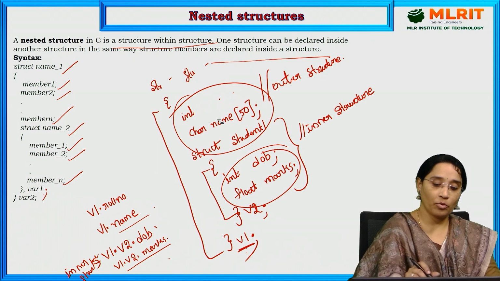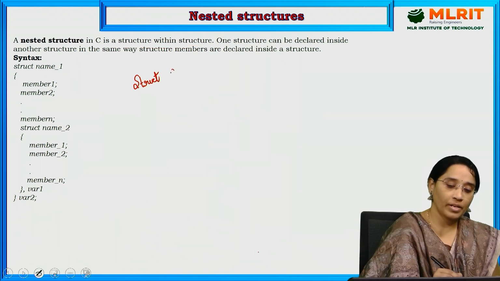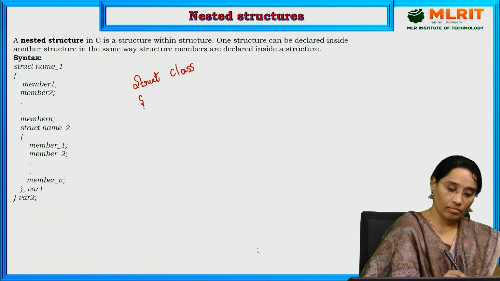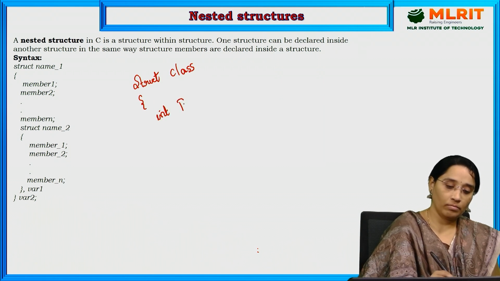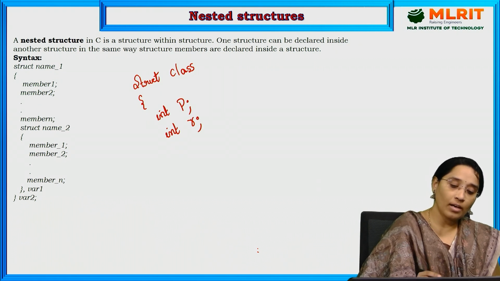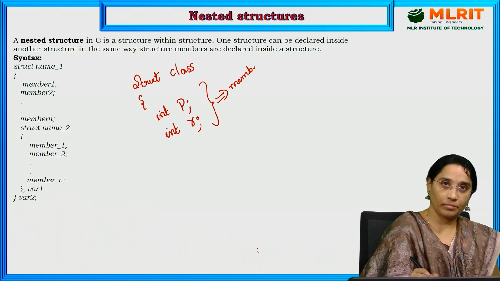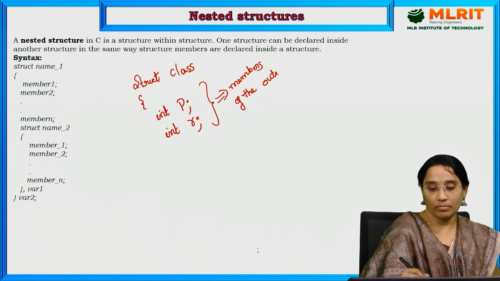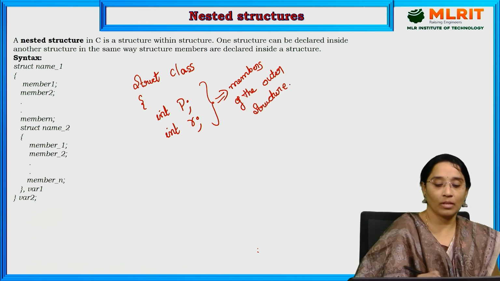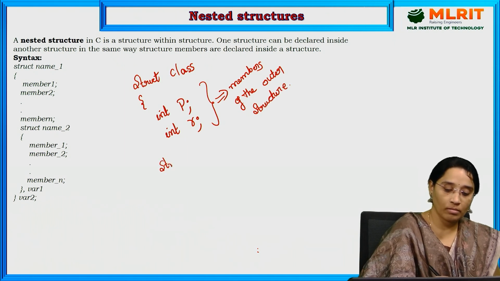So let's see one more example. Struct class, int p, int r. These are the members of the outer structure. Next, struct class 1.